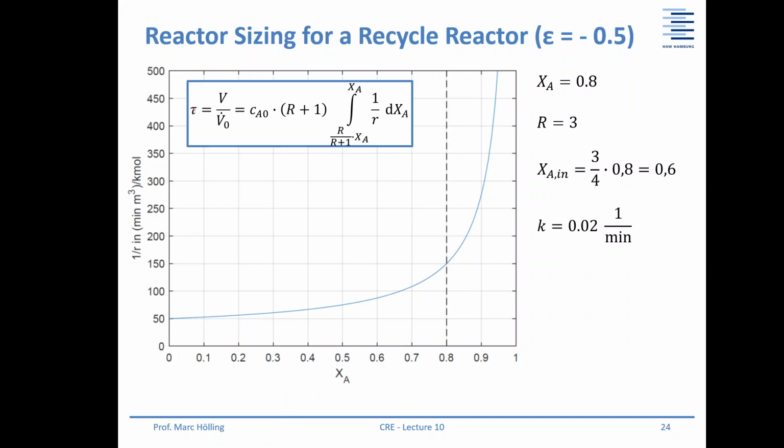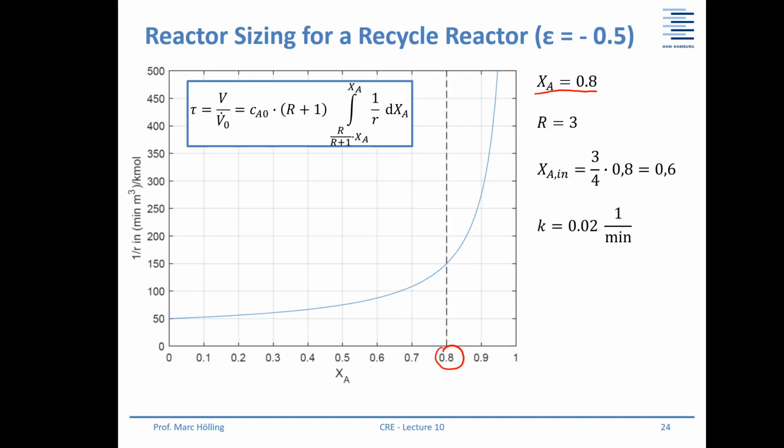Here we have our residence time over the inlet concentration, so we don't have the inlet concentration in here, but it doesn't matter. The first thing we want to look at is the integral. As in the other cases, we want an outlet conversion of 80%, so this is the dotted line here.